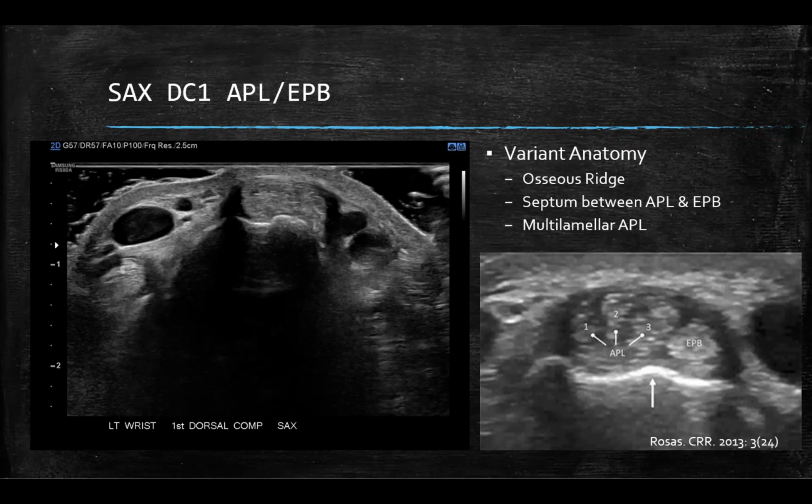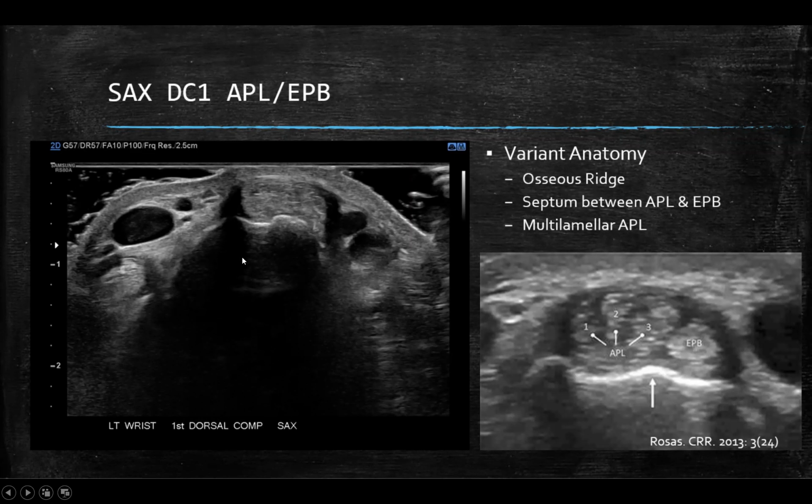Another piece of variant anatomy in the first compartment is that abductor pollicis longus can have a multilamellar appearance. Can have multiple slips, and you want to be careful not to mistake this for longitudinal split tearing of that tendon.